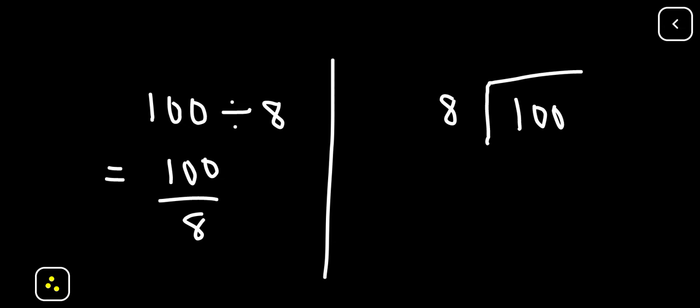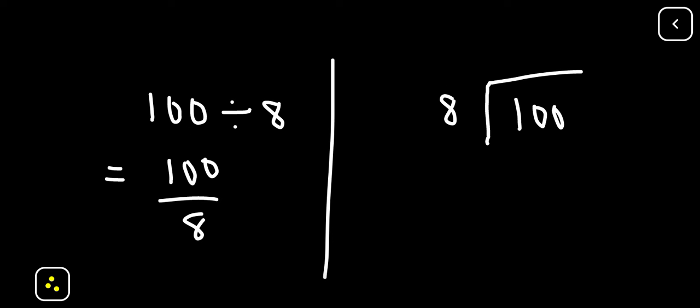How many times can 8 go into 100? 8 times 1 is 8, 8 times 2, up to 8 times 8 is 64, which is still very far away from 100. 8 times 9 is 72, also far from 100. 8 times 10 is 80. Now, what about 8 times 11, 88, 8 times 12, that is 96, right?